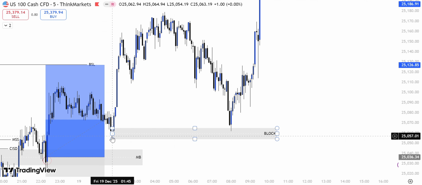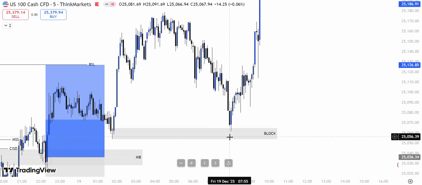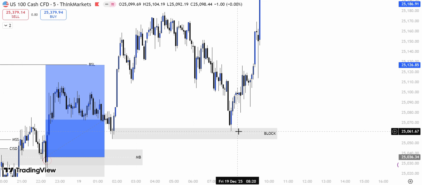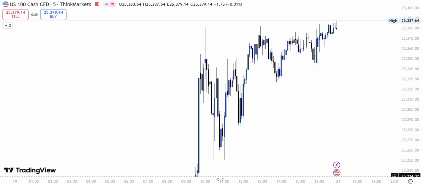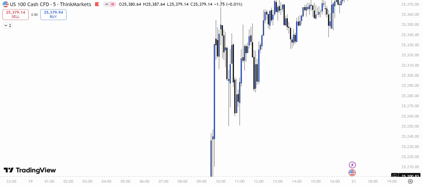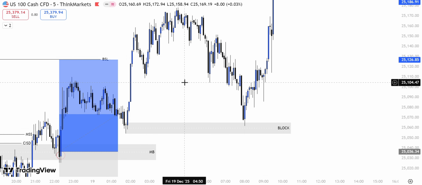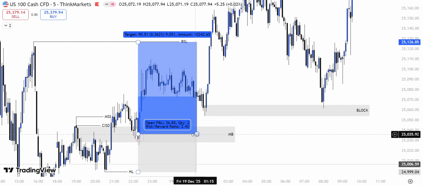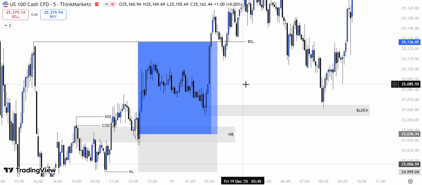You've got this candle, then this impulsive move up, and price then retraced. Unfortunately it did not retrace the 50% of this, and then boom. This was a really good explosion. Damn, this is not that common. So yes, this is the block. We call it a block, it can be called an order block, but that is, as I mentioned, for a future video.